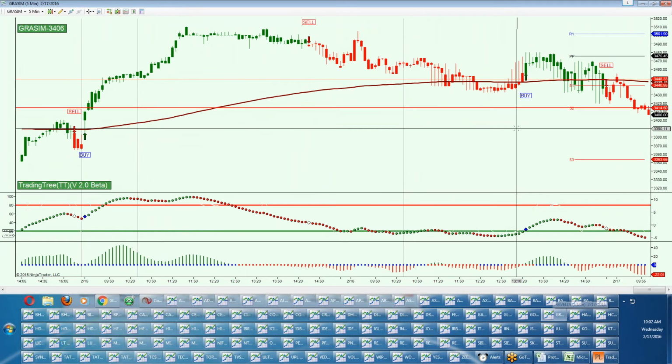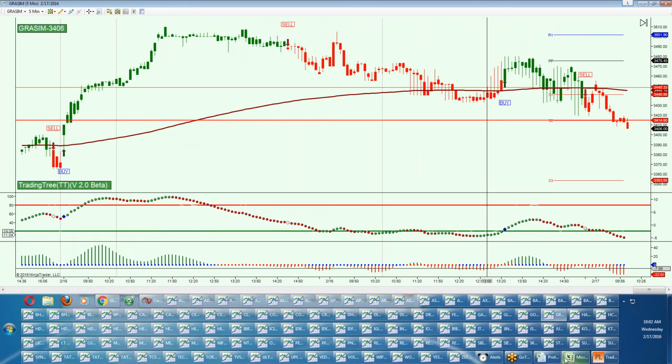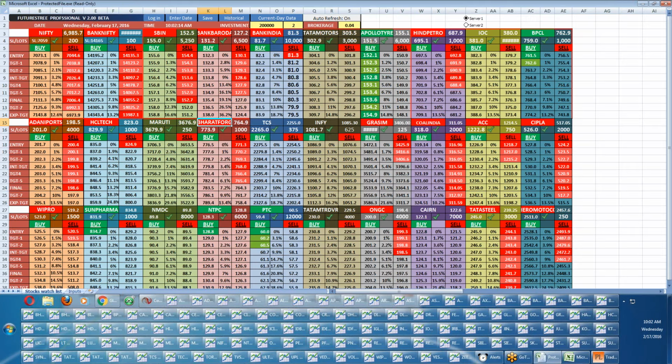So there Grasim has made an entry. We already have a sell call here. So it should make its intermediate targets at least 3396.